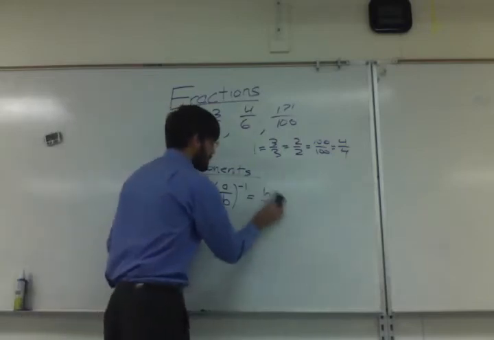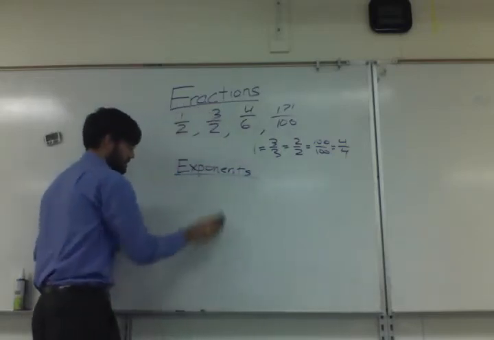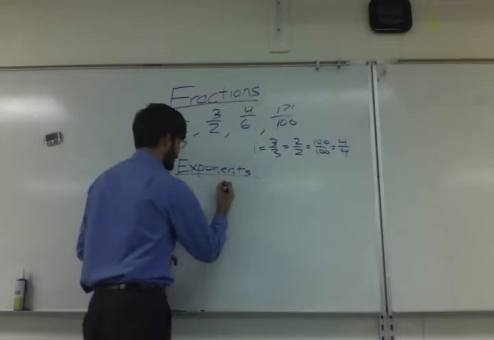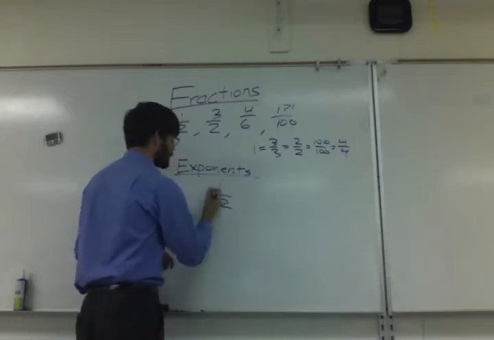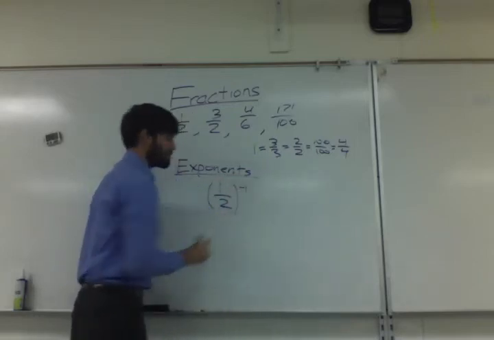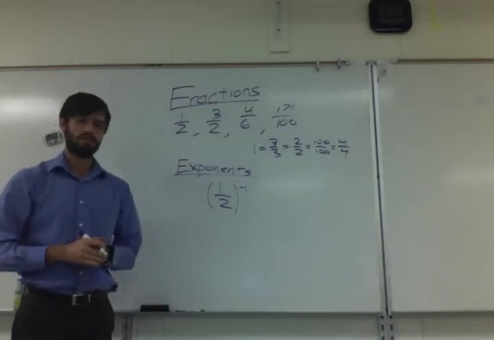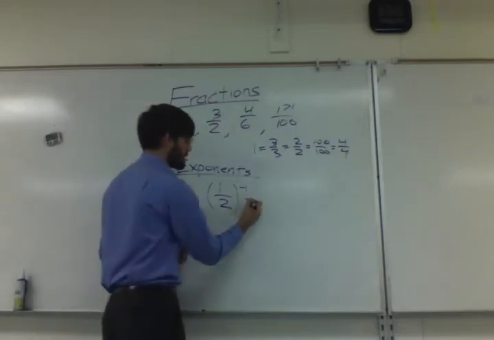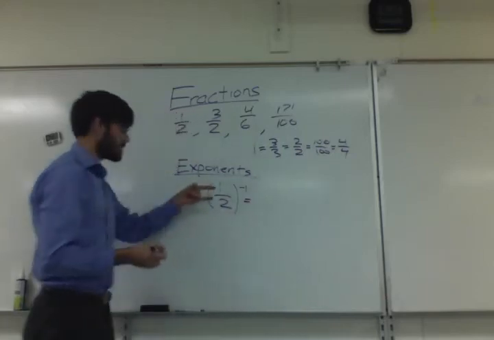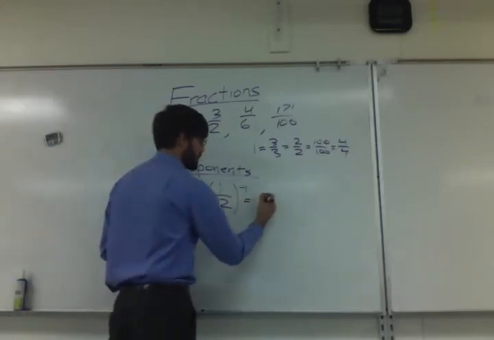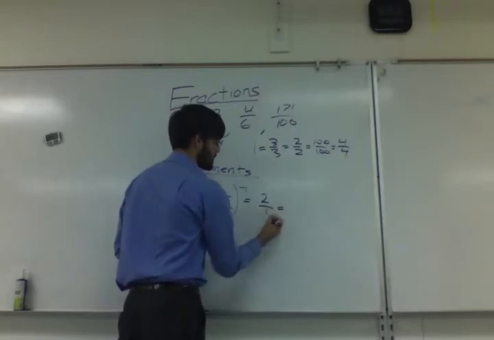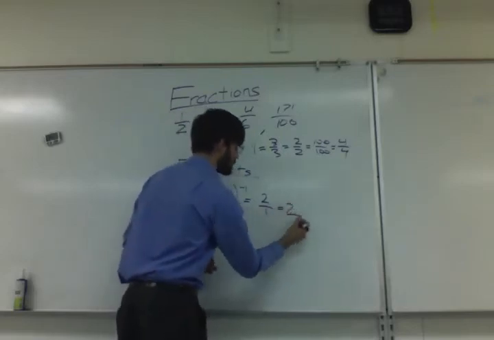So some important numbers that will come up in your activity, we're going to do an activity using 1/2. So what would 1/2 to the negative 1 be? I'll give you a second to think about that. 1/2 to the negative 1 is just going to be the reciprocal of 1/2, which is 2 over 1. 2 divided by 1 is just 2.